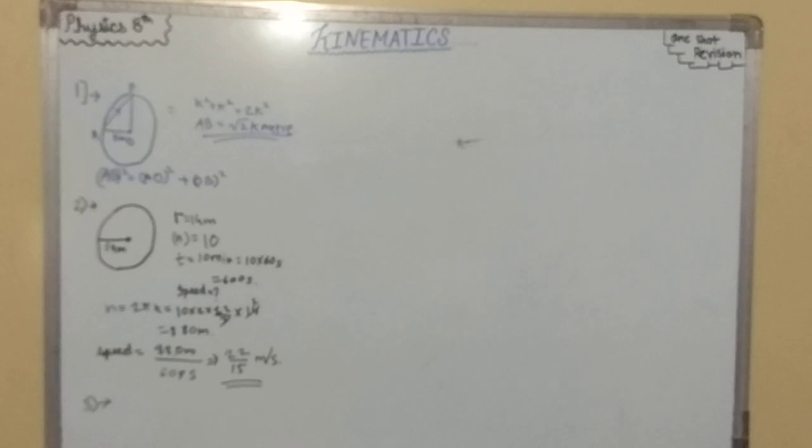The answer: given that s is equal to 360 km, time t is equal to half hour, velocity we don't know.